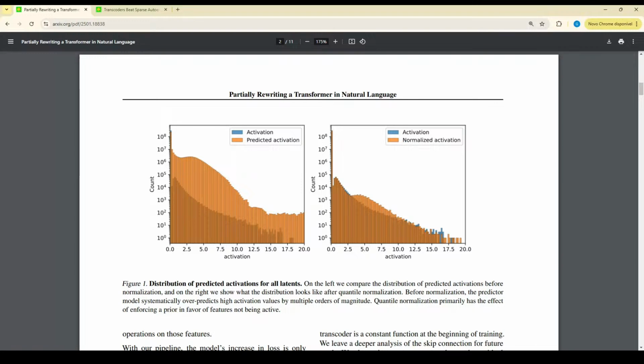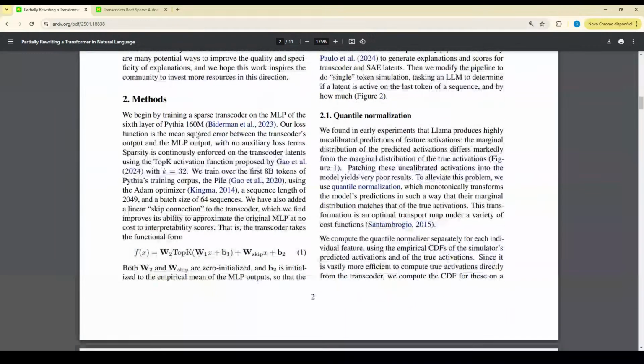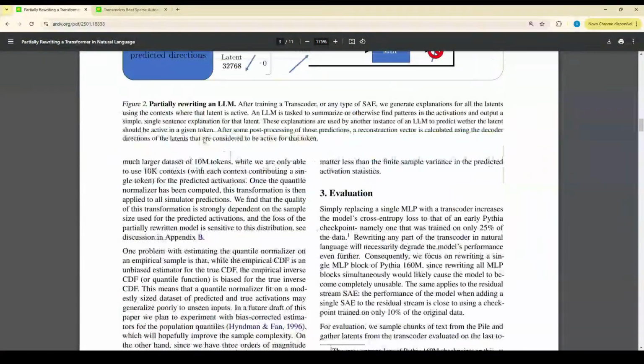To try to fix this issue, we do something called quantile normalization, where, there's a description for this here.